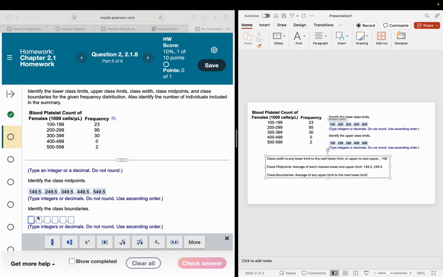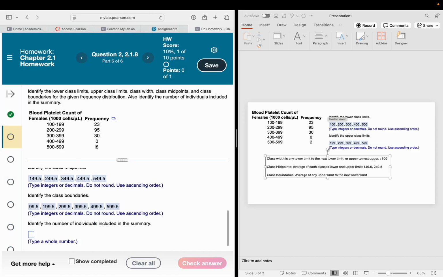So what we're going to do is identify the 4 in the middle that I have in the data, and then figure out by pattern what happens. So if you average 199 and 200, you end up with 199.5. If you do the same with 299 and 300, you get 299.5, 399.5, 499.5, and at that point you see a pattern. So this one must be 99.5, and this one must be 599.5.